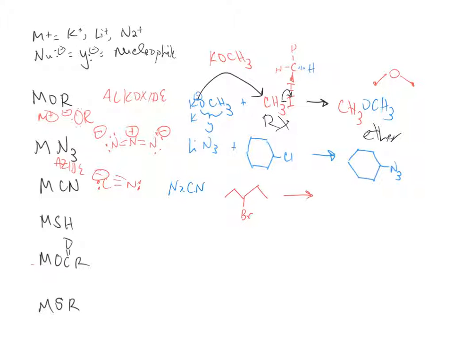So once again, this is the M, this is the Y, or the NU if you want to do it as NU. So how many carbons are going to be in the final product here? In the organic product, I should say.